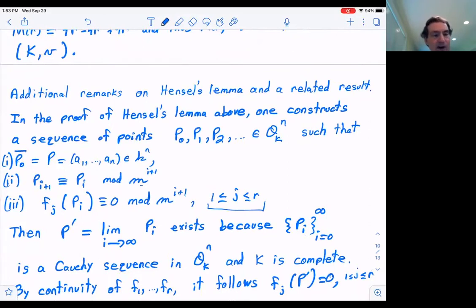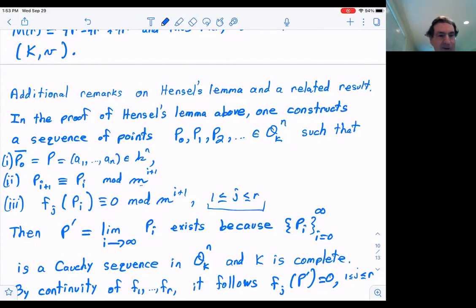In other words, in the proof of Hensel's lemma, you gradually construct better and better approximations for a 0. You find a 0 to this whole system mod m squared, mod m cubed, mod m to the 4th, etc.